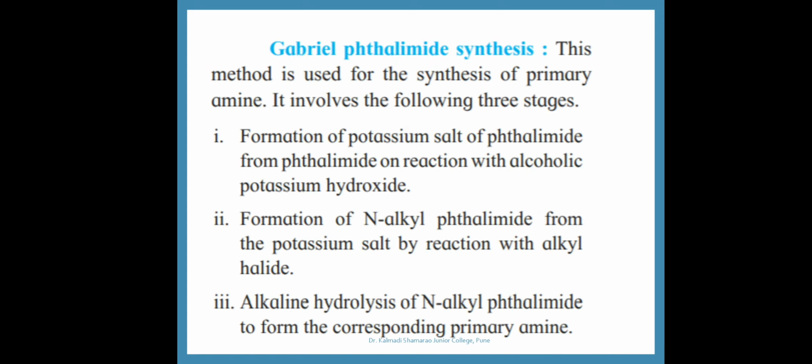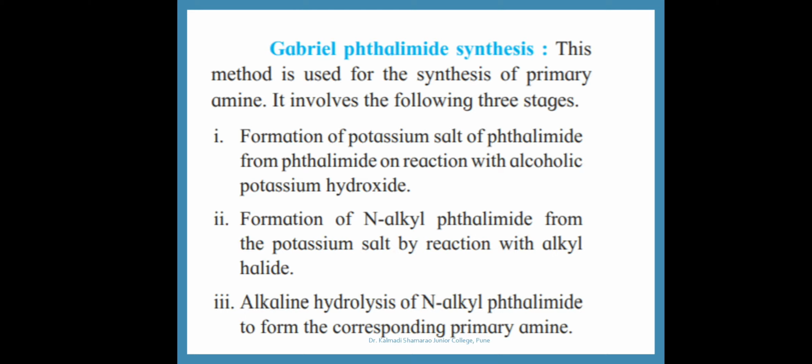Now there is another important reaction wherein we can obtain primary amine by Gabriel phthalimide synthesis. This method is used for the synthesis of primary amine and it involves 3 stages. First stage is formation of potassium salt of phthalimide from phthalimide on reaction with alcoholic potassium hydroxide.